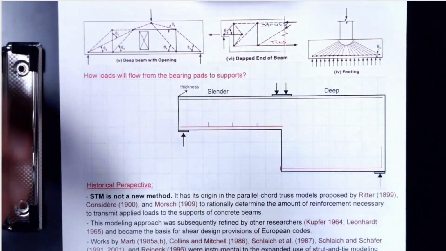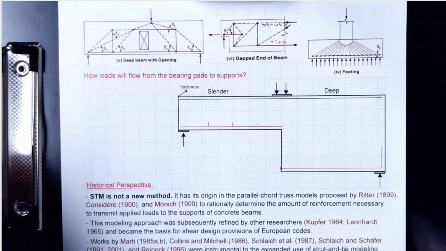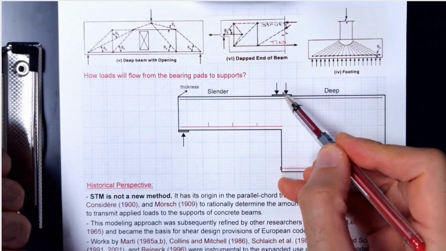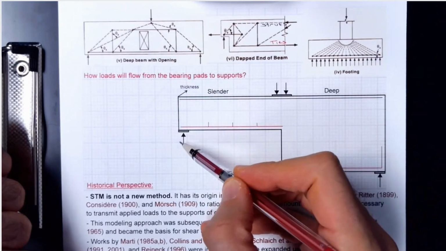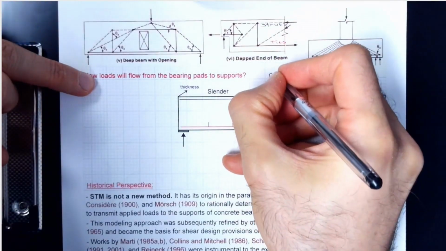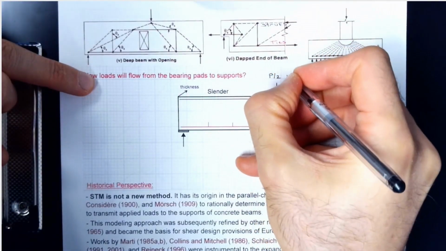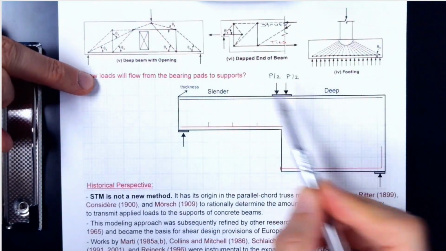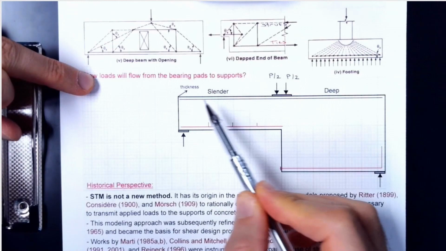So I would like to think a little bit about load transfer. So there are 2 loads applied, and this load will go here. Let's call this P over 2. P over 2. And the left part is slender.